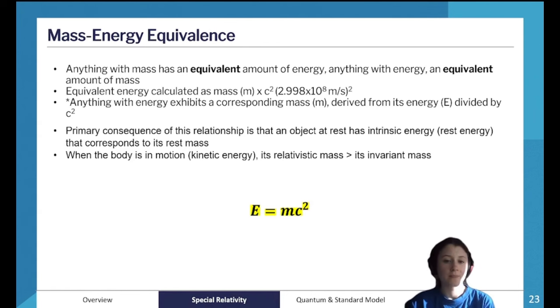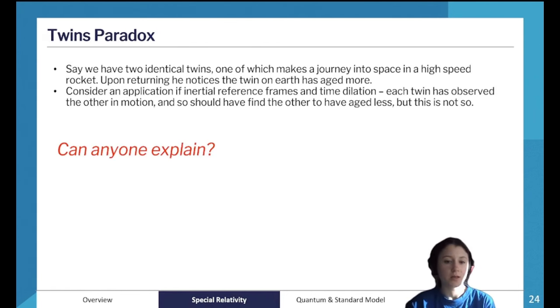All right. Now let's get into the twins paradox. So the three paradoxes are things that you need to make sure that you understand, because something on the syllabus says that you need to be able to explain each of these three paradoxes.